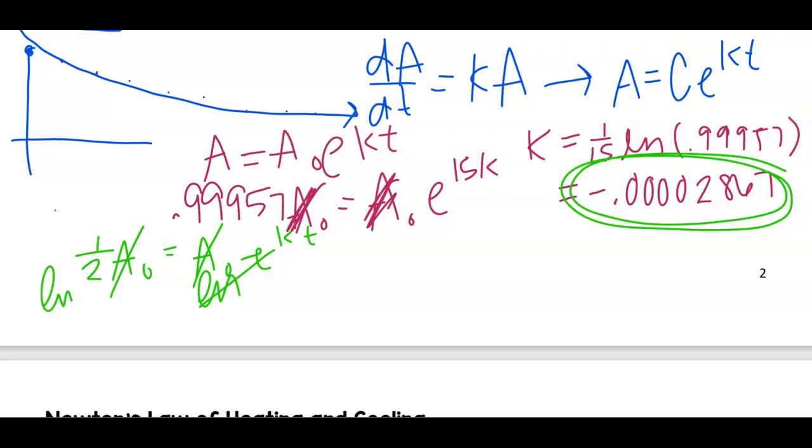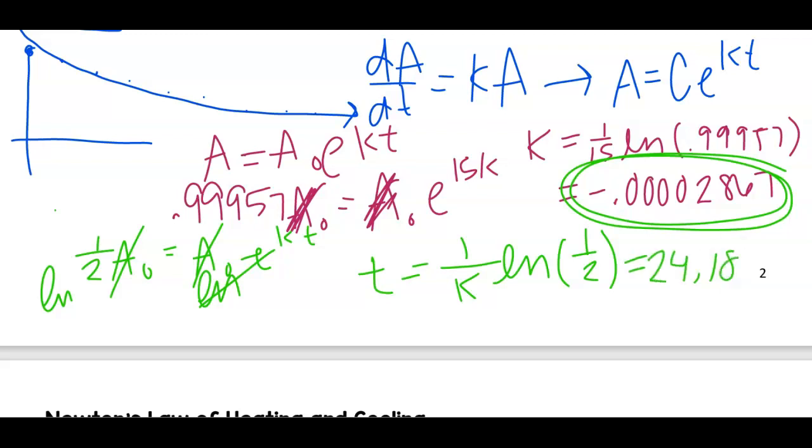Then to solve for t, I need to divide by k. So t is equal to 1 over this k value times the natural log of 1/2. Now k is negative and the natural log of 1/2 is also negative. We need time to be positive, so that's nice. And time is actually 24,180 years.